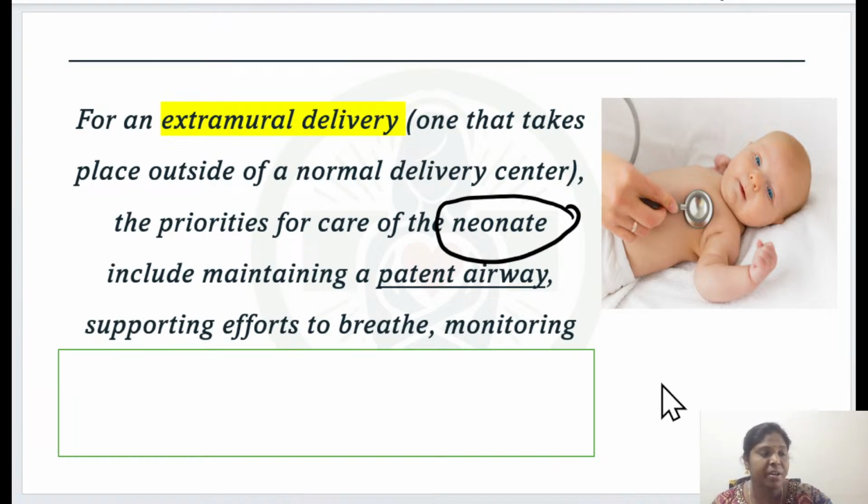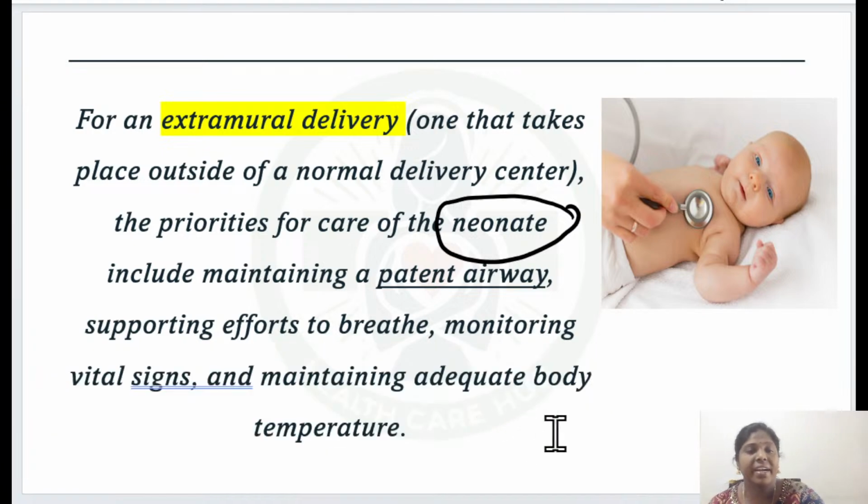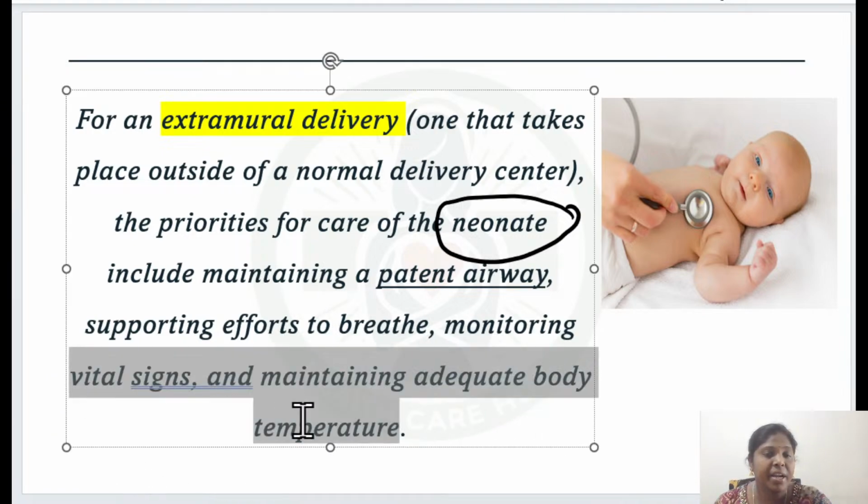Immediately you are receiving a newborn here, what are you going to monitor? A newborn baby has come into your hands. So immediately we are going to wipe the baby and check the vital signs. Yes, exactly. We are going to watch for the vital signs and maintain the adequate temperature of the baby.